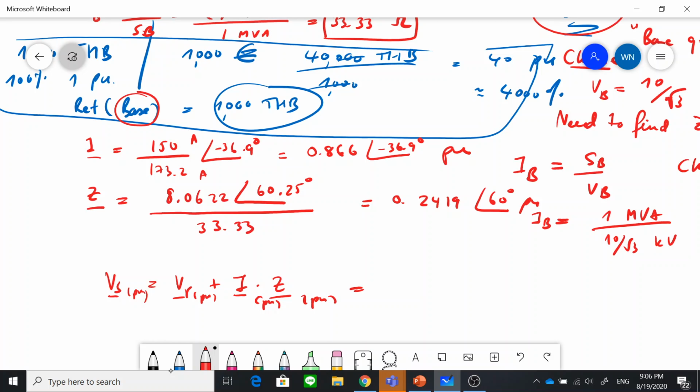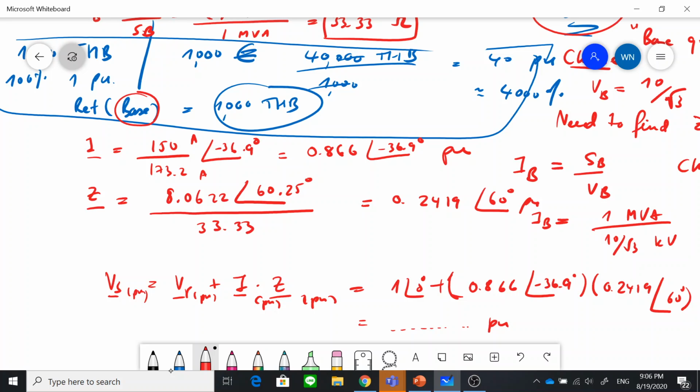So you can try: VR here is 1 angle of 0, 1 per unit, times I, which is 0.866 at an angle of 36.9, and multiply by the voltage drop term, 0.2419 at an angle of 60 degrees. If you hit the calculator, you will get a certain amount x per unit.